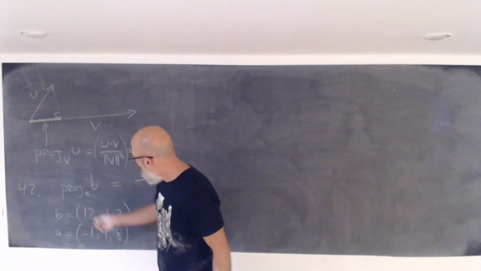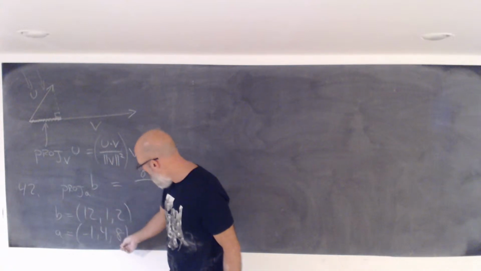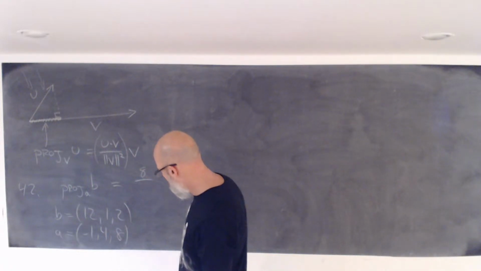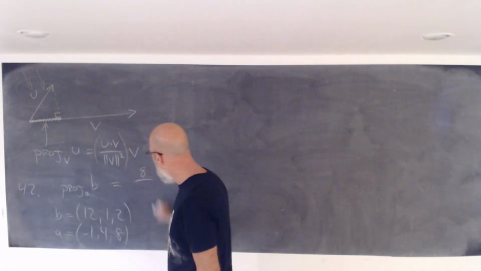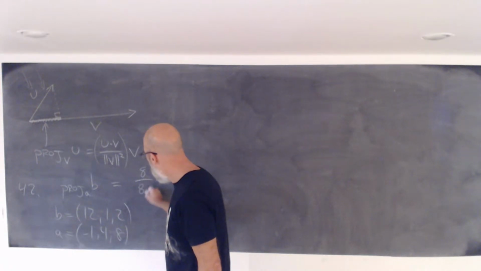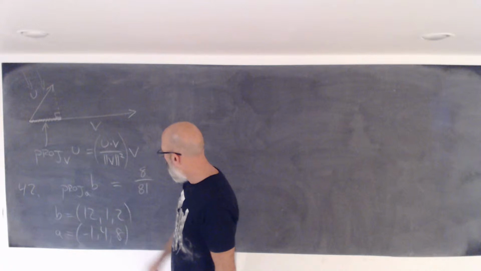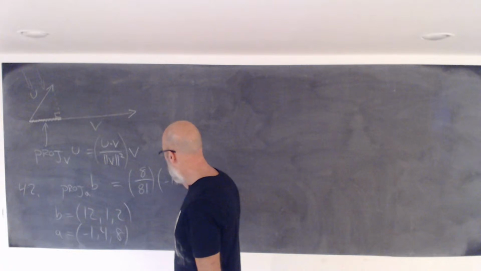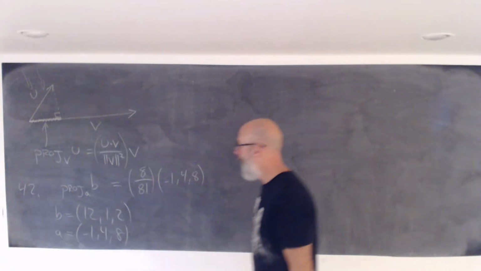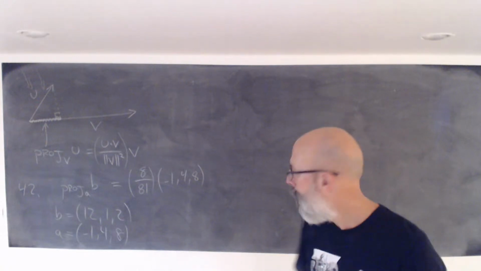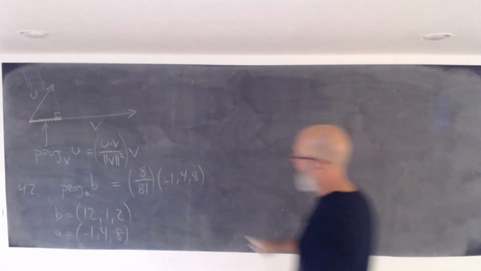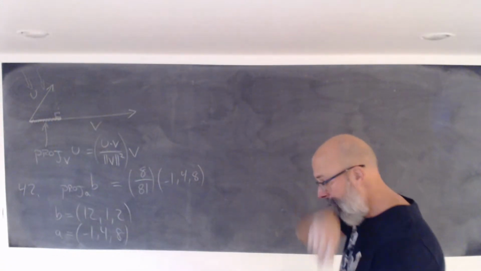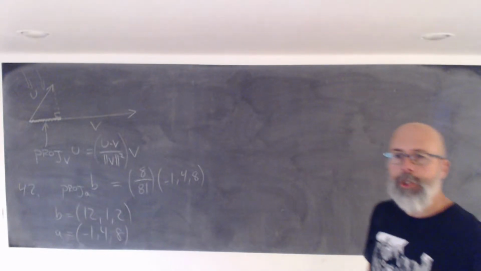So that is 8 over the length of A squared. 64 plus 16, that is 80, 81. Length of A squared times A. There you go. It's a multiple of A. This multiple right there. Questions here?